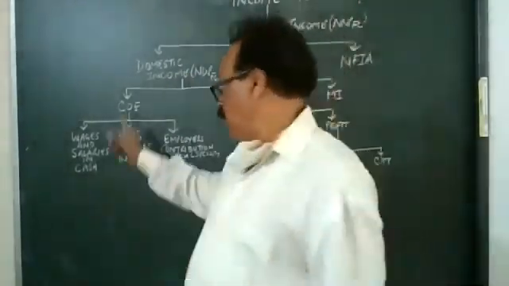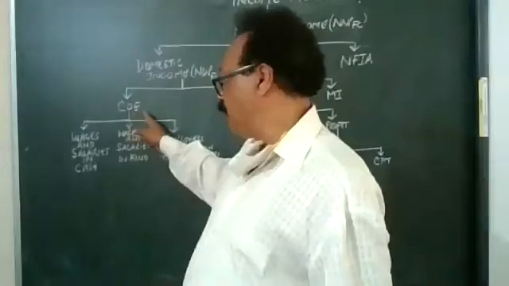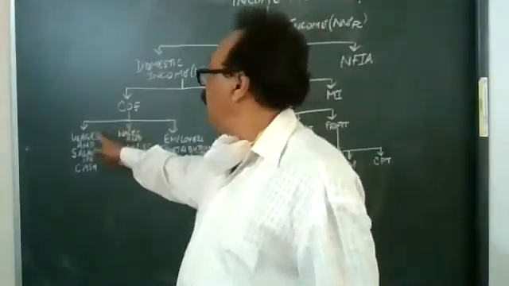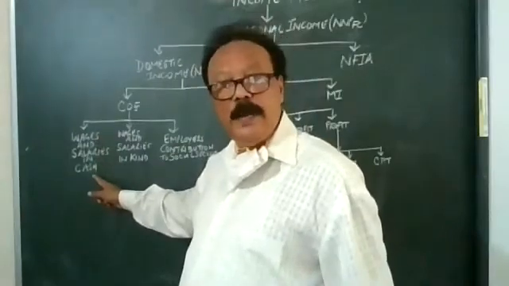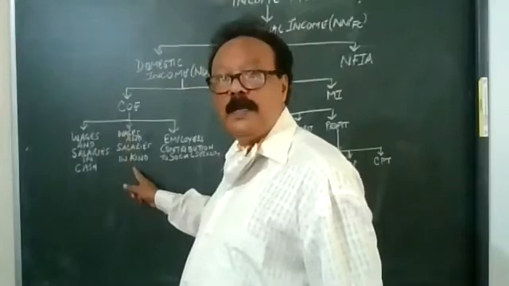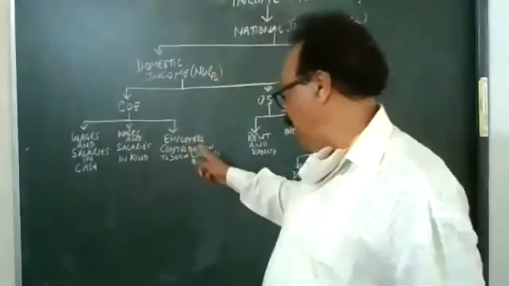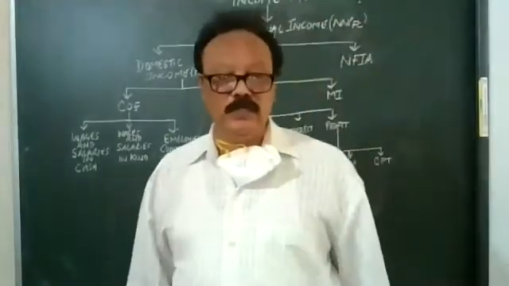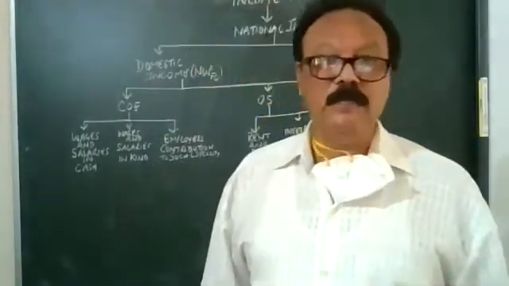Okay. So you see, the compensation of employees includes wages and salaries which are paid in cash, wages and salaries which are paid in kind, and the employer's contribution to the social security schemes.